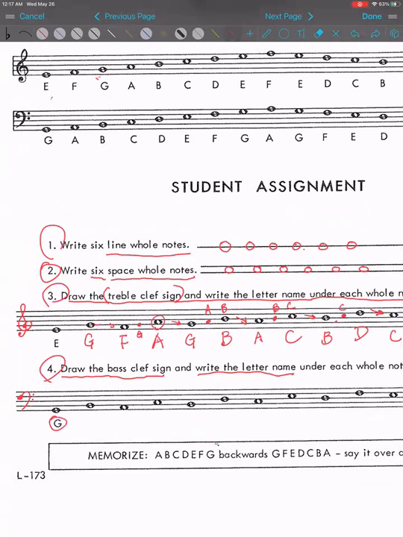G is the first note, and you notice that between G and the next note, there is a space note that is not filled. So we're going to count G, A, so the next note is B. Now B coming down from the second line to the second space, it's the very next note right below the B, so it's A.